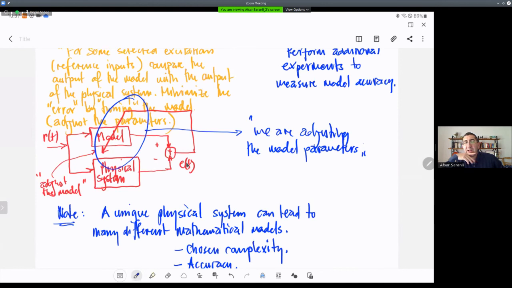For example, you can use an optimization algorithm which gradually changes the model parameters and in an iterative way measures what's happening with the difference between the physical system response and the model response. Okay? Got it, thank you. But it can also mean that I am just calculating in closed form what the model parameters should be. And that's going to be our examples after the break. Okay?